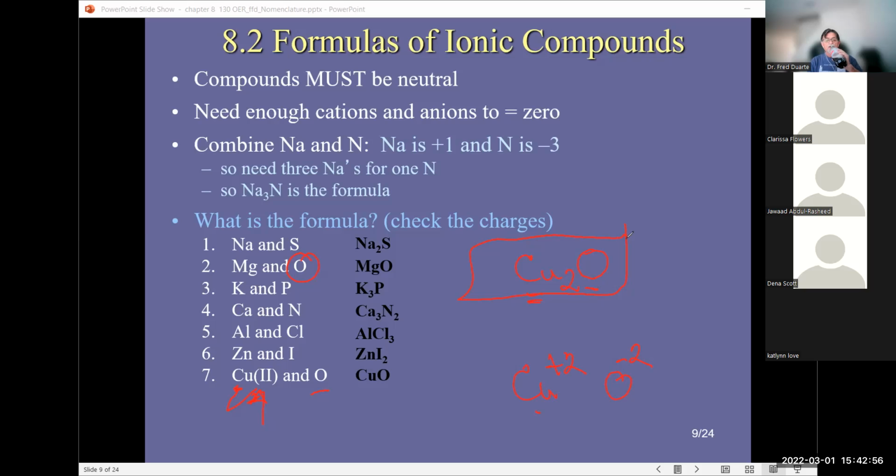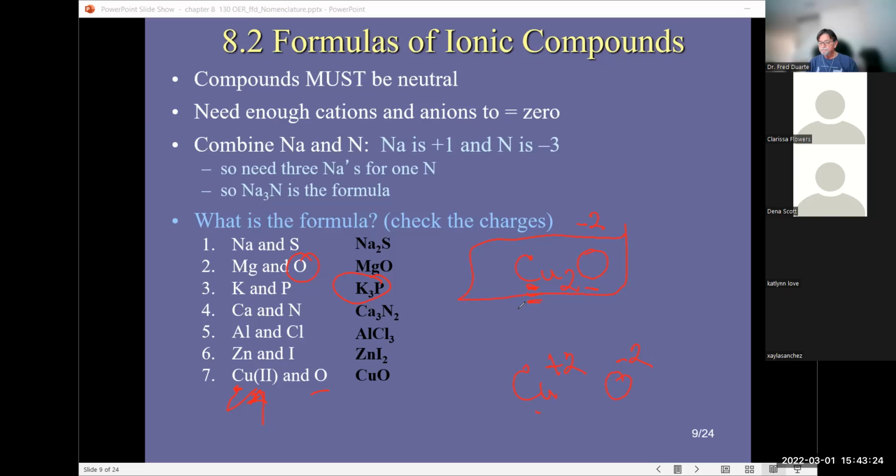Hopefully you know exactly. Remember over here, we needed 3 potassiums for every phosphide. If we know that the oxide is a -2, what does that mean that every copper in this format must be?